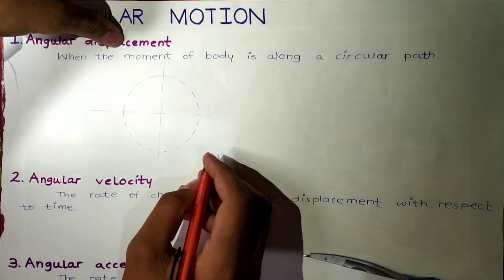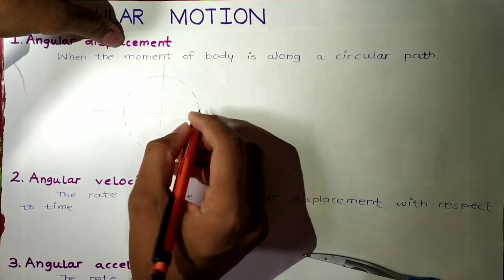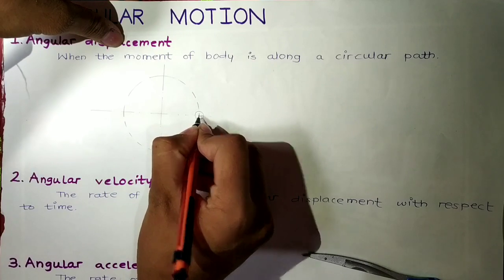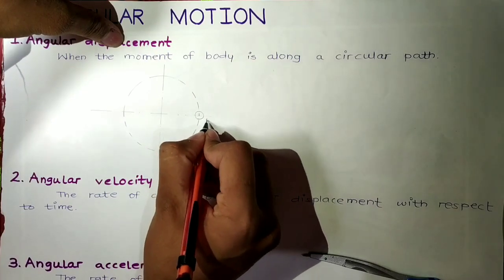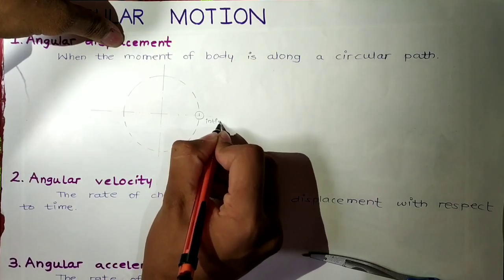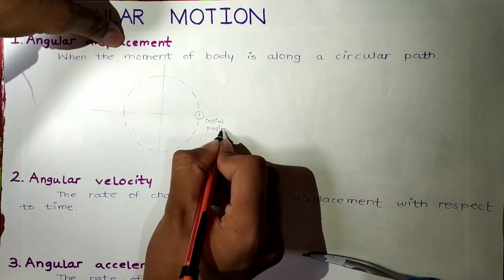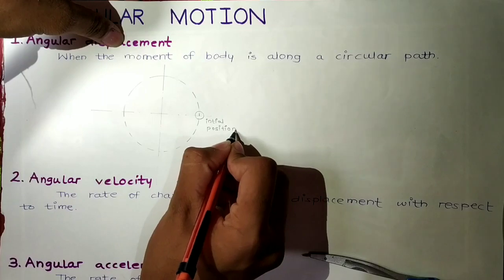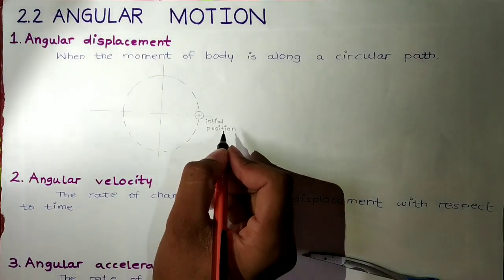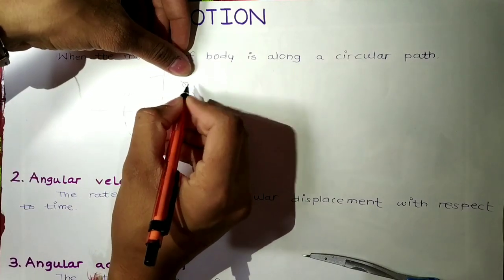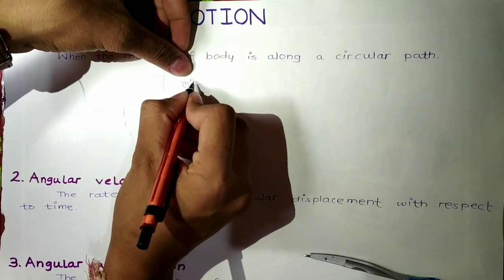We observe there is an initial position of a body, and there is a final position of the body.